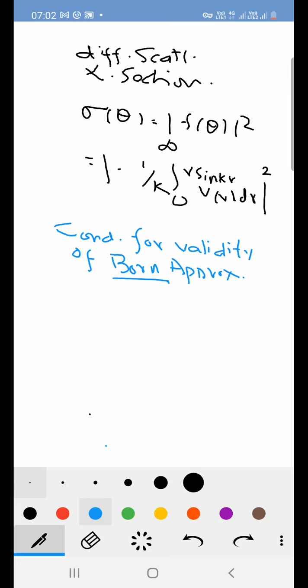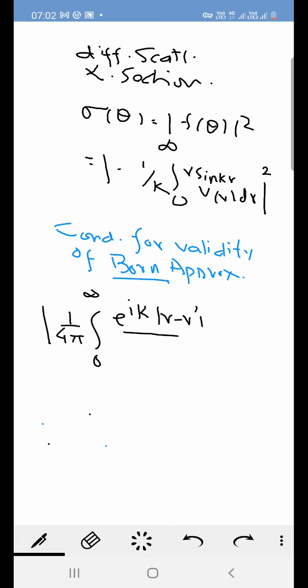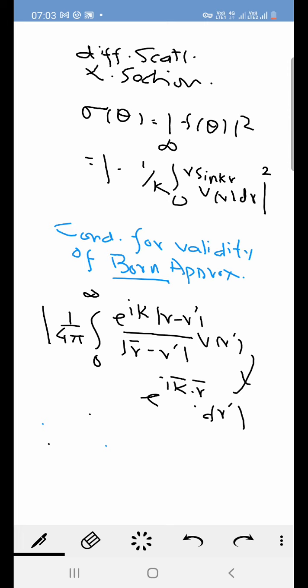That condition is: mod of 1 by 4 pi, integral 0 to infinity, e to the power ik times mod of r minus r dash divided by mod of r minus r dash, V(r dash) e to the power i k dot r dr dash, should be much less than 1.